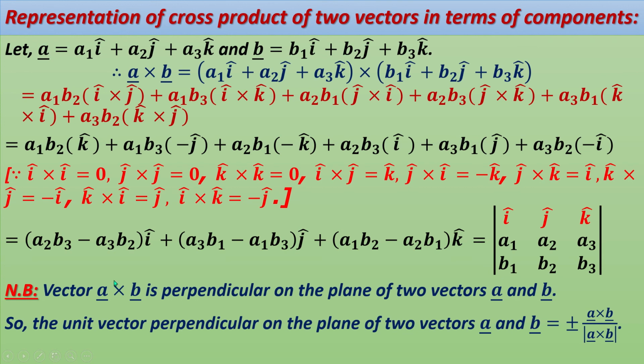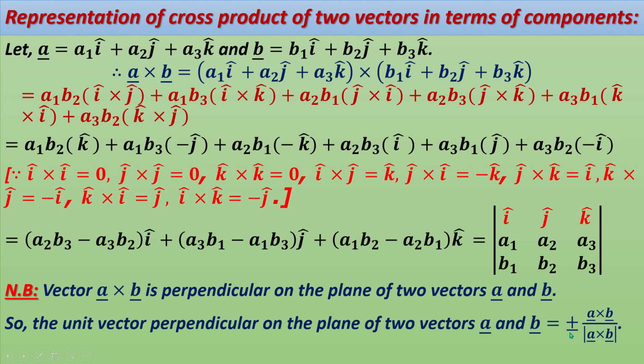This vector and A cross B are parallel, or their support line is the same, because here we multiply 1 divided by the absolute value of A cross B with the A cross B vector, and we use plus or minus.